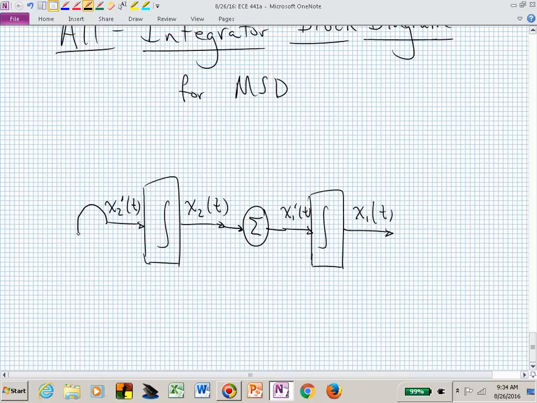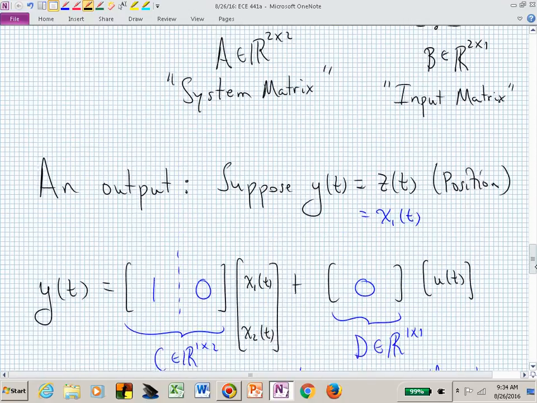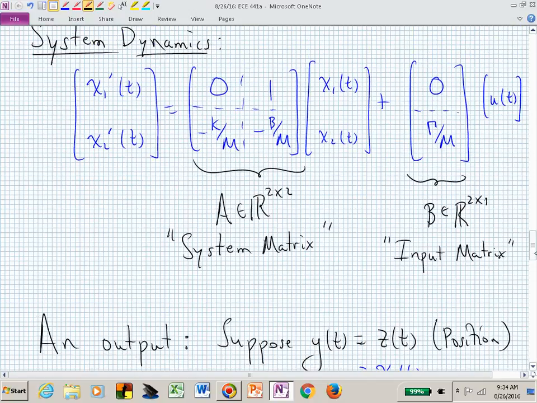x2 prime, building it, is a little bit more interesting. What makes x2 prime? Let's go at it piece by piece. Actually, I'm going to pick a piece so that my block diagram doesn't get all messy. Let's say x2 prime is made up of one piece that is minus b over m x2.